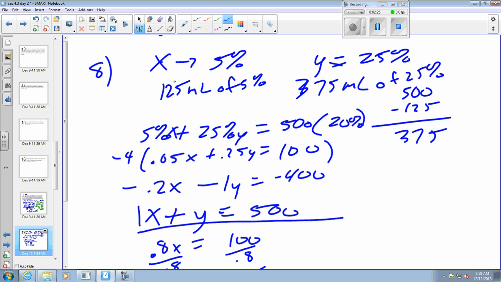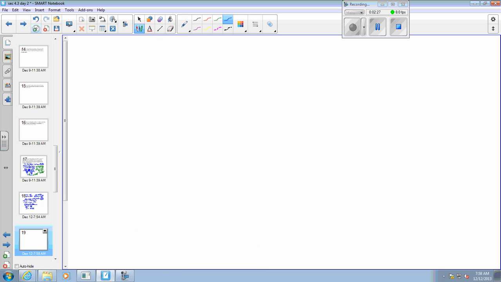Let's now go to question 18. Question 18 says, a candy barrel shop manager mixes M&Ms worth $2 a pound and trail mix worth $1.50 a pound. How many pounds of each should she use to get 50 pounds of party mix worth $1.80? Well, this is a mixture problem too.